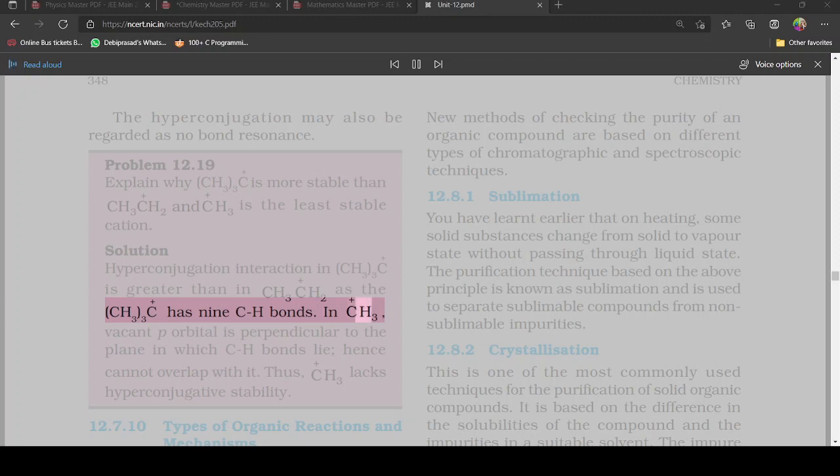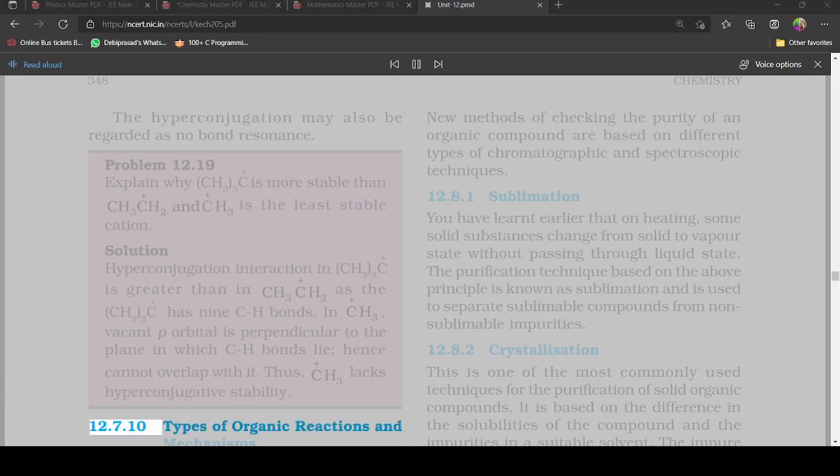In CH3+, the vacant p orbital is perpendicular to the plane in which C-H bonds lie, hence cannot overlap with it. Thus, CH3+ lacks hyperconjugative stability.